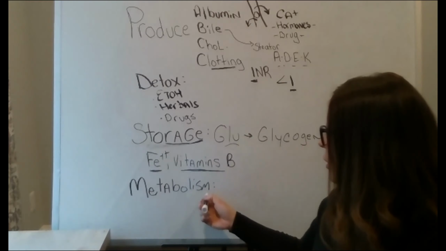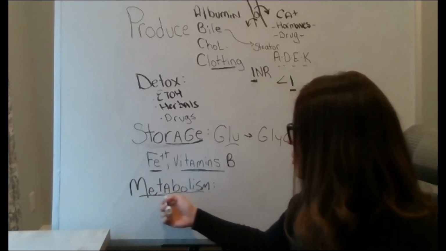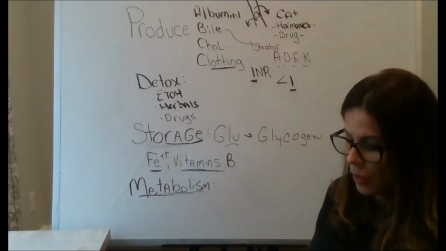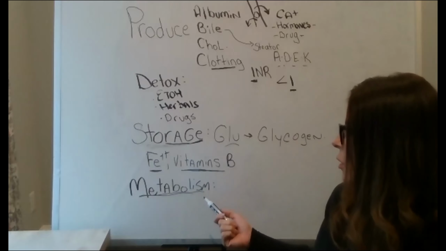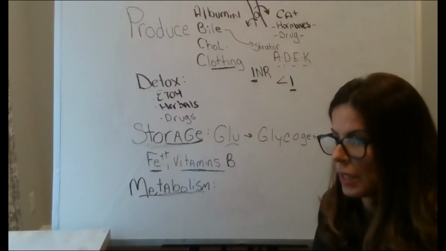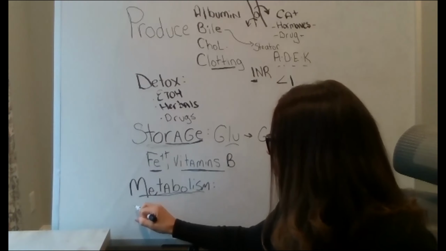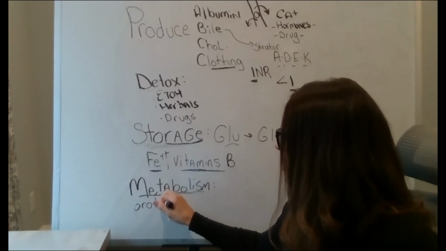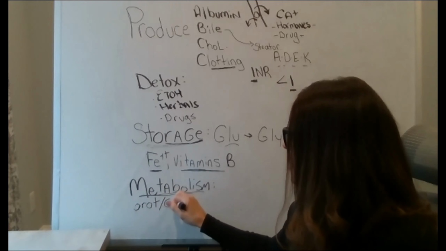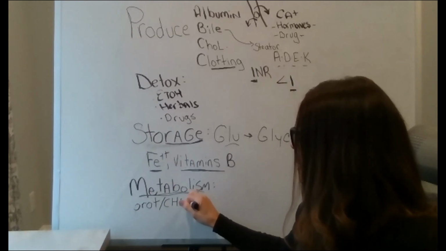All right, and finally, we are in the section of metabolism. So it's important to understand how the liver works to metabolize things for us. The liver is important. It metabolizes things like our proteins, carbohydrates. So CHO is carbohydrates.